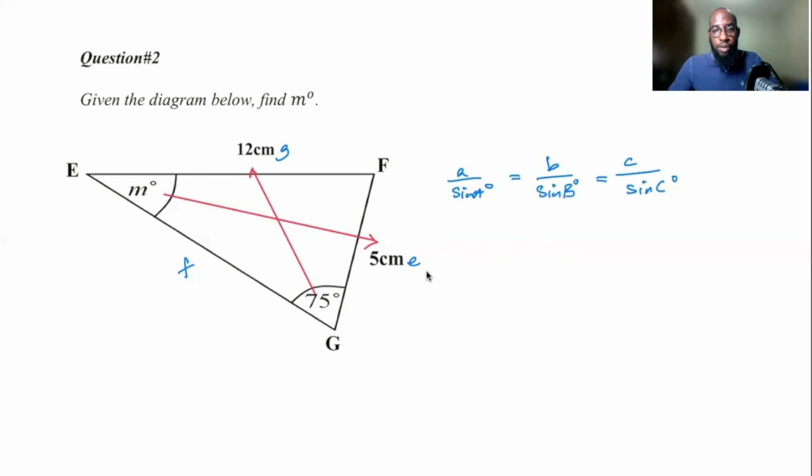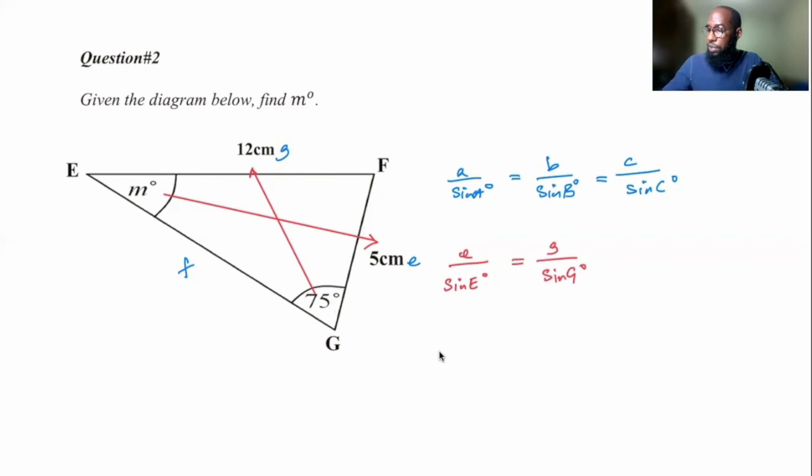So we put E over sine E is equal to G over sine G. The length of the side is always the numerator, and the angle is at the bottom. Sine of the angle, not sine of the length.